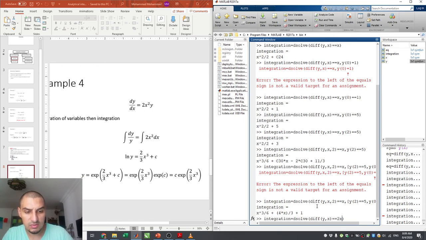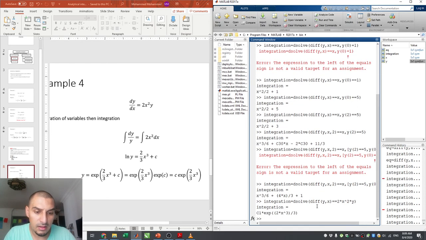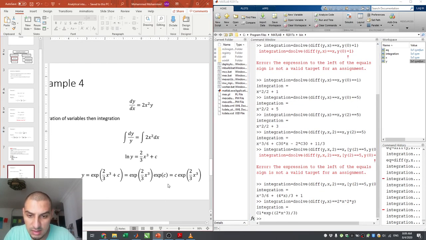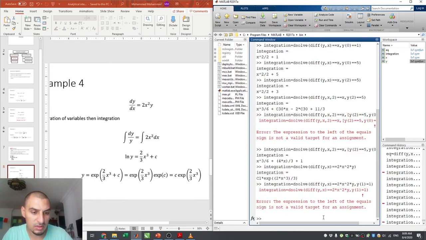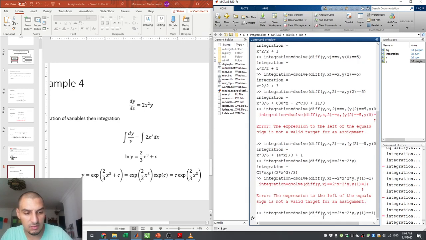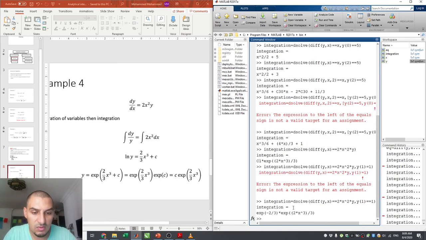So it is c1 multiplied by exponential 2 x power 3 divided by 3. So it's giving the same answer. Again, you can put a boundary condition, which is y of 1 equals 1, again with double equals. So it's giving you the equation with the values now.